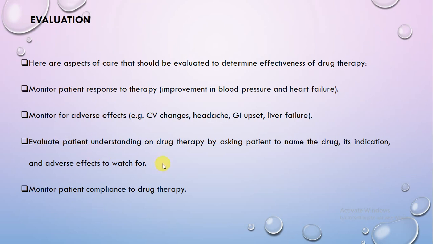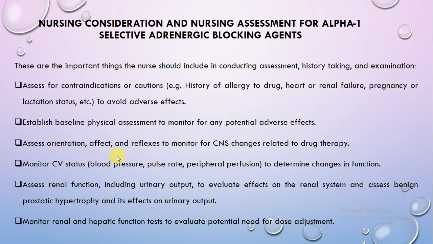You should also evaluate the patient's understanding of the drug therapy by asking the patient to name the drug, its indication, and adverse effects to watch for, which I have already discussed in detail in our previous lectures. Monitor the patient's compliance with the drug therapy, whether the patient is following the medication properly or not.